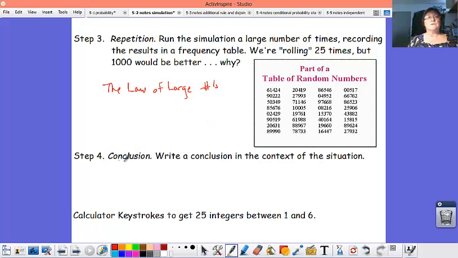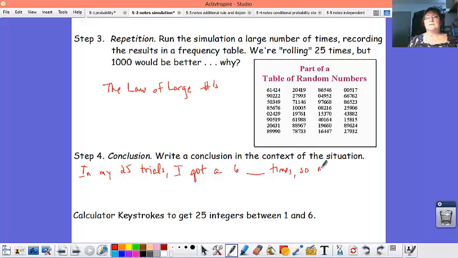And then in step 4, you write a conclusion. So our conclusion would say, in my 25 trials, I got a 6, and then it's however many times.